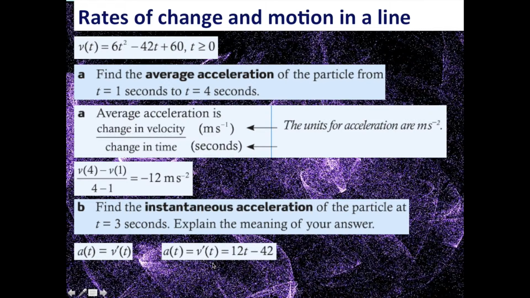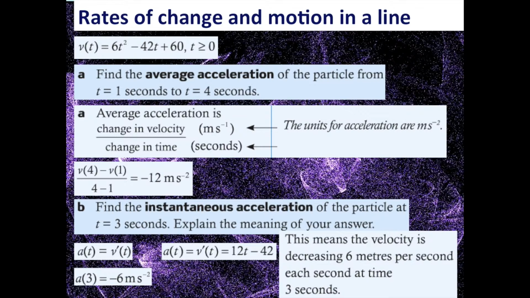So what that's saying is the rate of change of velocity is the acceleration. So we can find the derivative here, the rate of change of the velocity, which gives us 12t minus 42, so that is the acceleration, which means it is decreasing at 6 meters per second. Again, acceleration is a vector quantity.